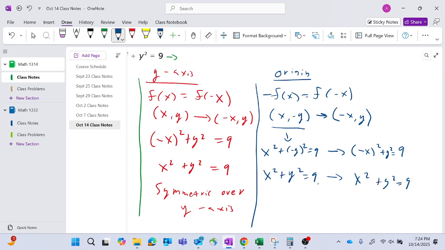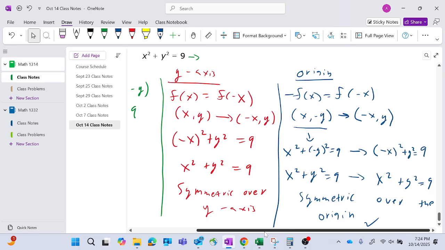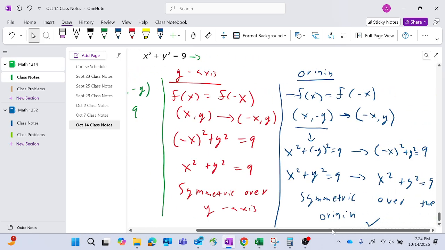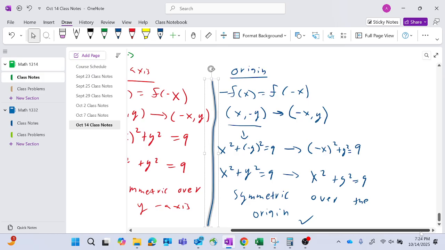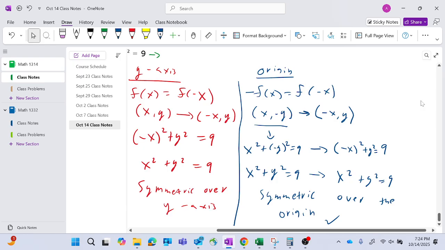So they're still the same thing, so it's symmetric over the origin. So in this case, this circle is symmetric over all three. And that will only happen if you have something that's not a function, like in this case, the circle.